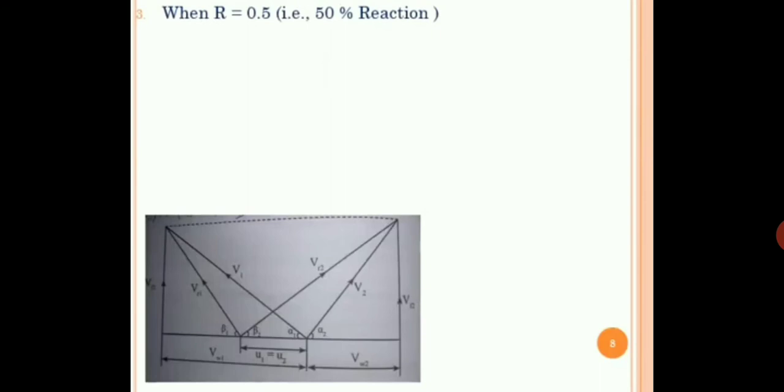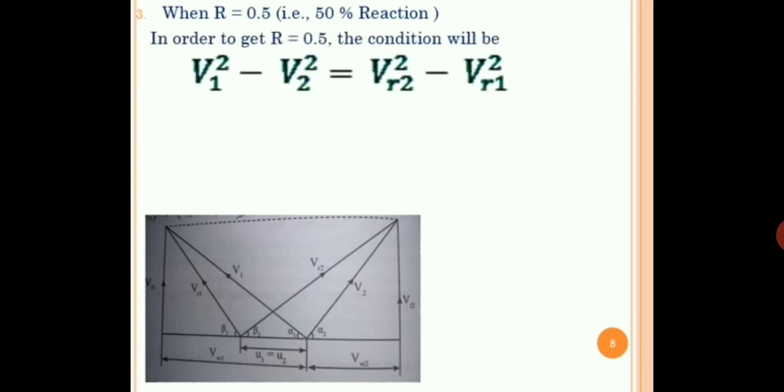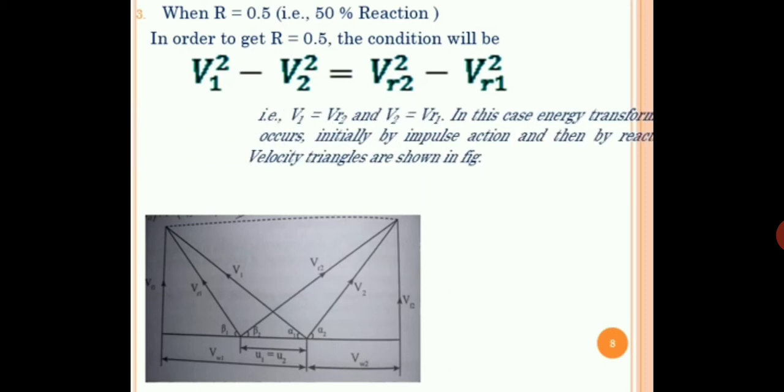Third, when the degree of reaction is equal to 0.5, that is a 50% reaction turbine. In this 50% reaction turbine, the condition is that V1 square minus V2 square is equal to VR2 square minus VR1 square.